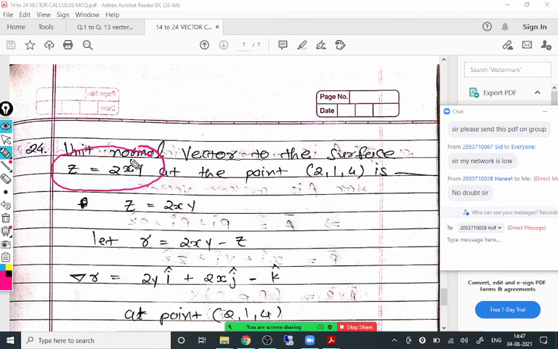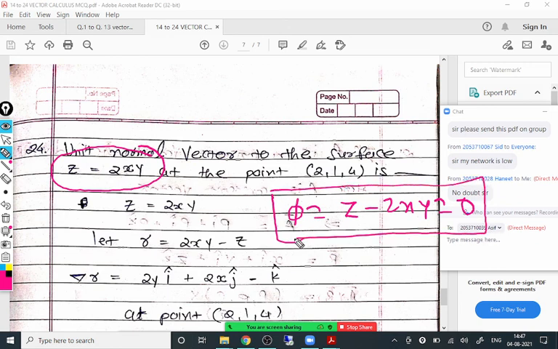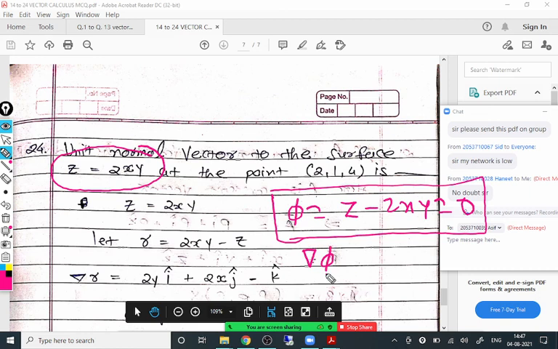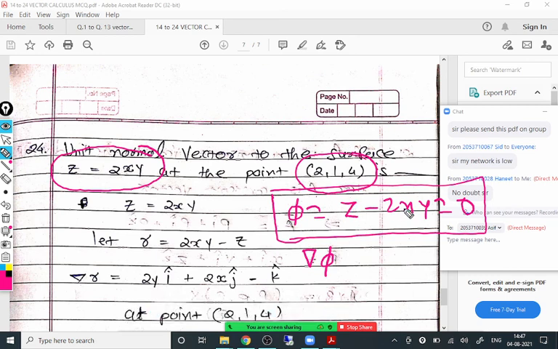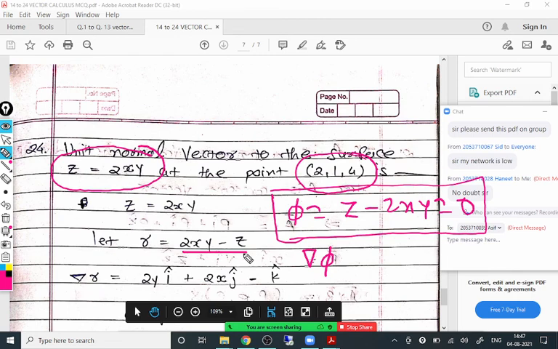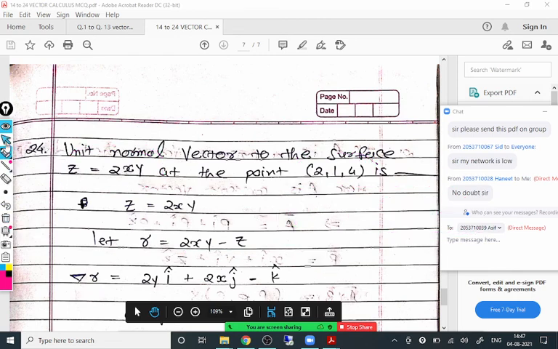So take all variables on one side, say phi equal to z minus 2xy equal to 0. This is the surface equation. We want a normal vector to this surface, so we calculate del phi first, and then del phi at that point. We get the answer. z minus 2xy or 2xy minus z, both are correct. Here he has taken 2xy minus z, so that is okay. Both ways it is correct.